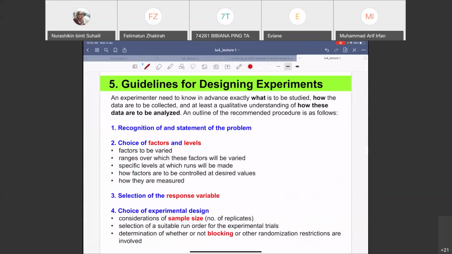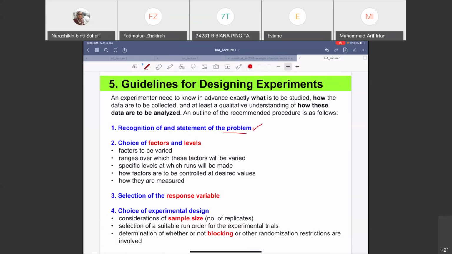The guidelines for designing experiments. First, of course, you have to know the subject matter of your research, the statement of the problem. Normally the research is trying to solve a problem. That is the research gap, the motivation why you do the research. Perhaps you want to analyze the morphology of insects, beetles.